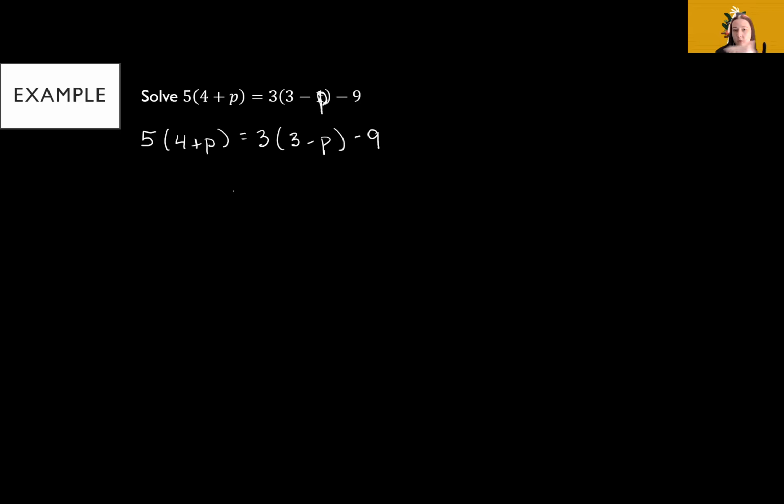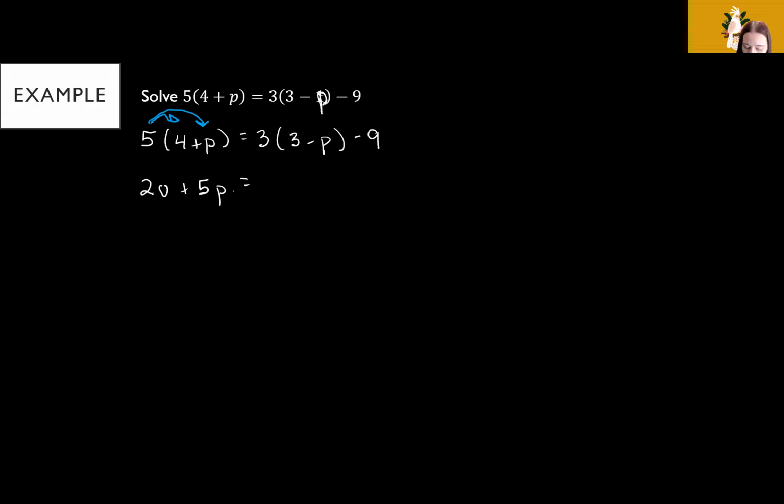So we need to distribute on both sides before we add our like terms, before we actually start the solving process. So on the left, I need to multiply the 5 by 4 and the 5 by p. So that gives me 5 times 4, which is 20, plus 5 times p is 5p.